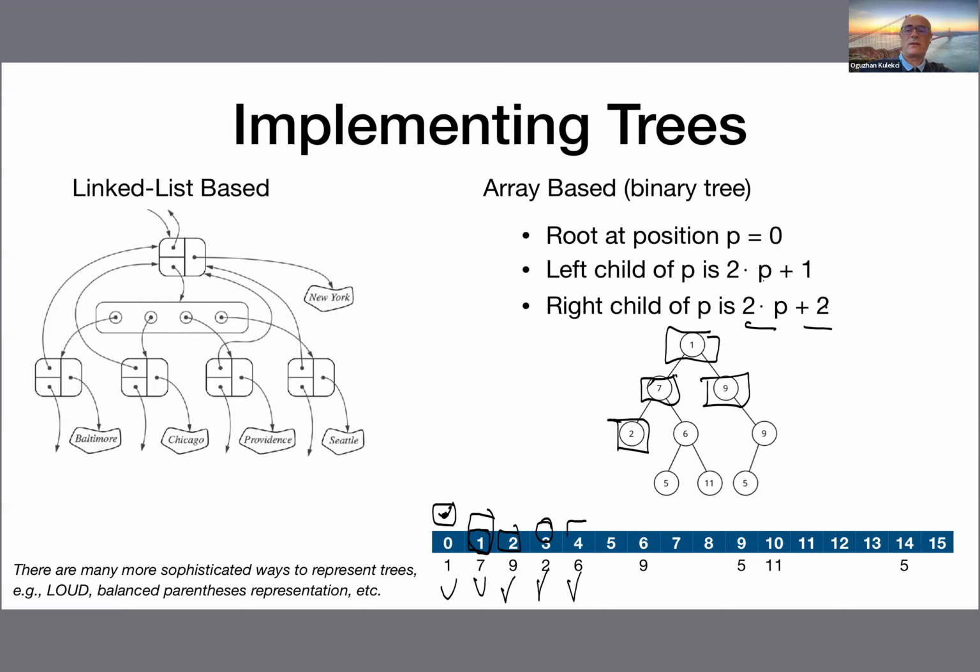So this is the right child of 7. Good. We are done with 7. So let's go and check 9. What is the position reserved for the left child of 9? 9 is stored at position 2. So that makes 2 times 2 plus 1, which makes 5. 5 is reserved for the left child of 9.